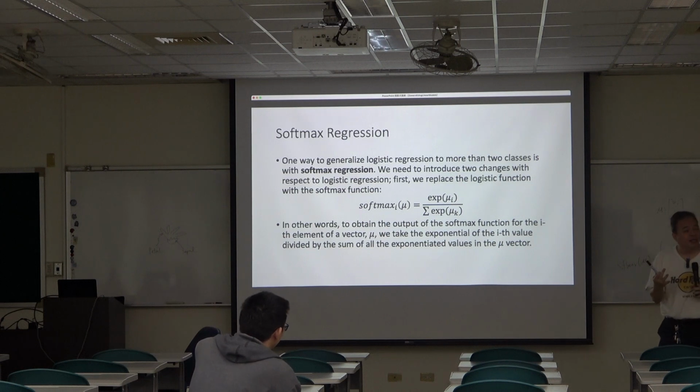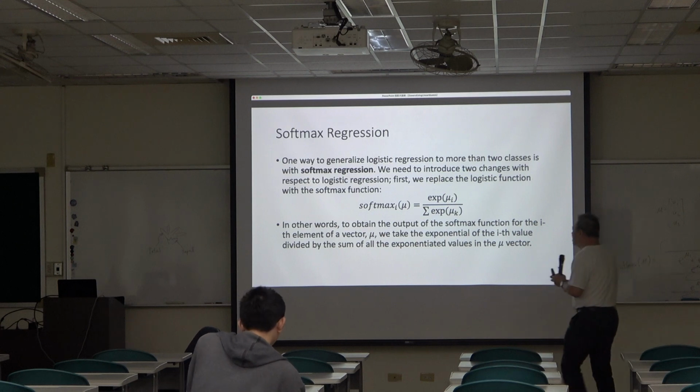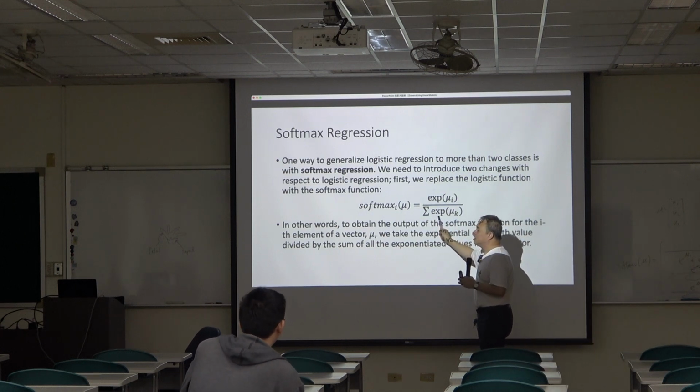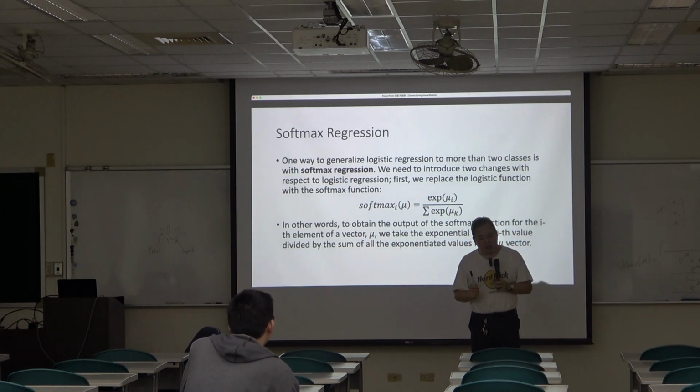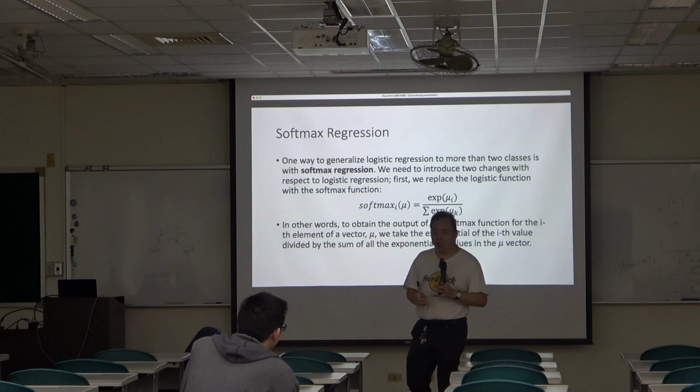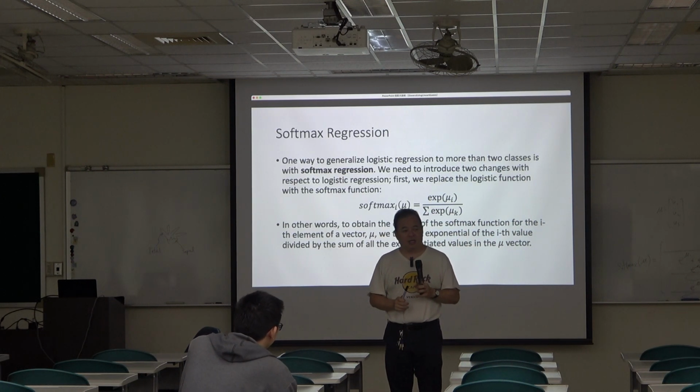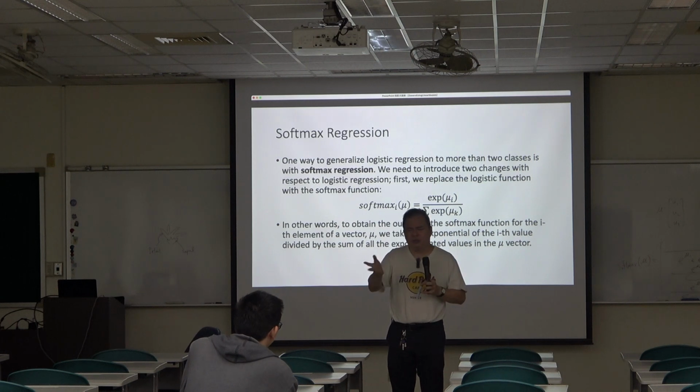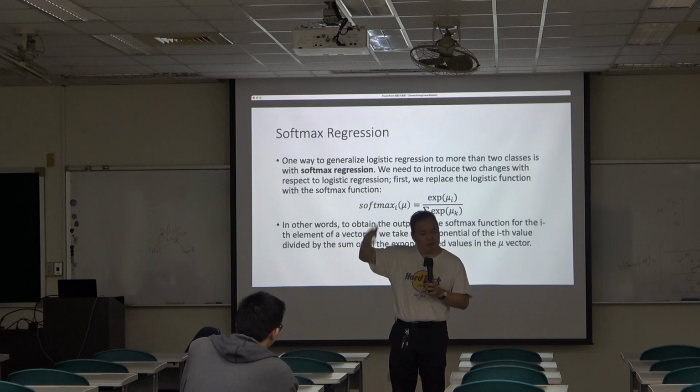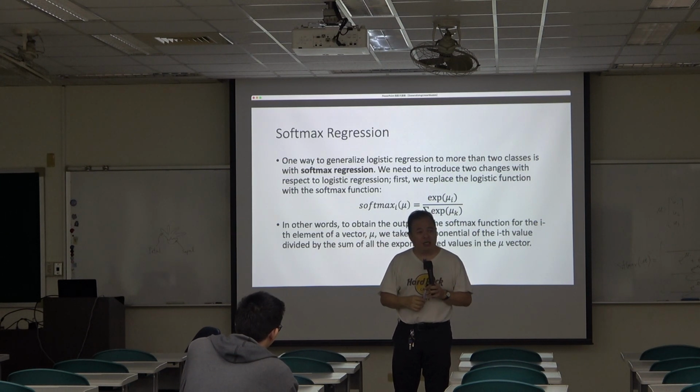So the softmax is like the inverse link function that we use for classifying more than 2 classes. And by the way, if you consider 2 classes, the softmax will reduce automatically to a logistic function.